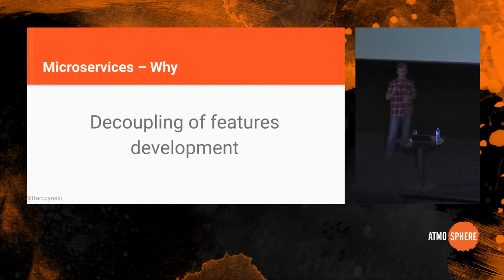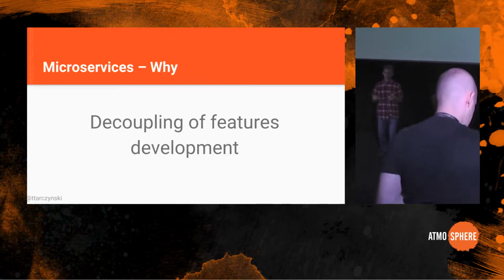And we thought it would be good to go for microservices. Just to tell you a few words on why we had this idea. First off, the reason was to decouple development of the different features. If we split our one big application into many small specialized pieces, then we should be able to deploy each of them independently.